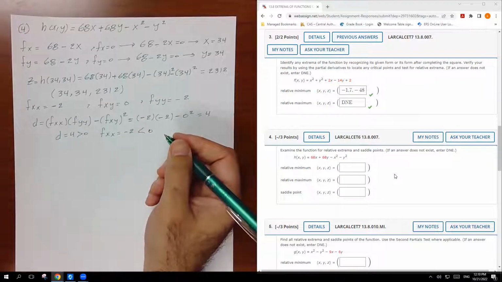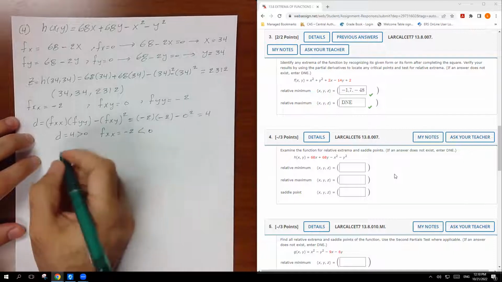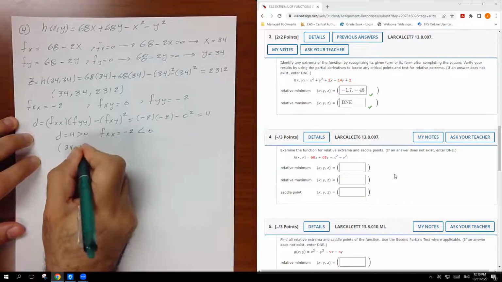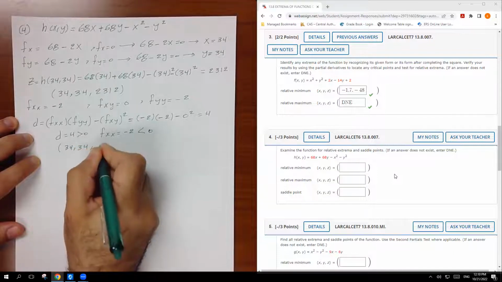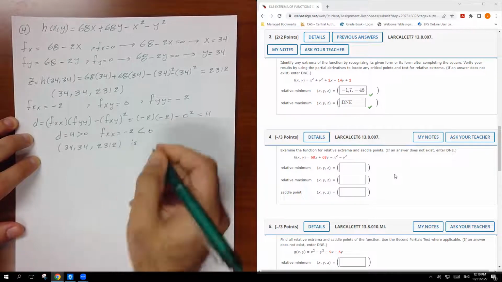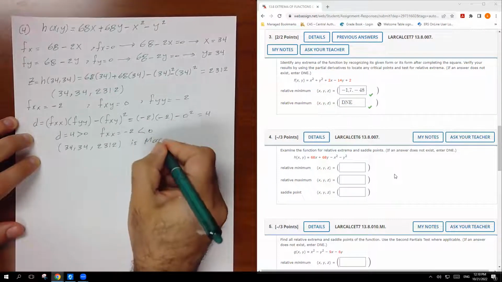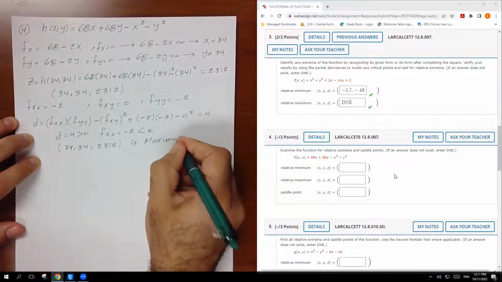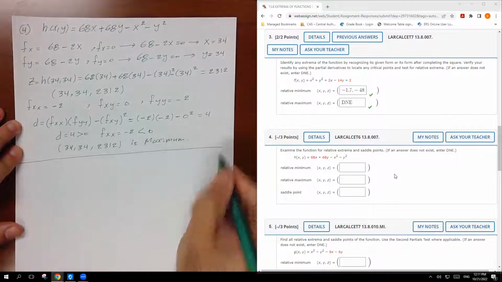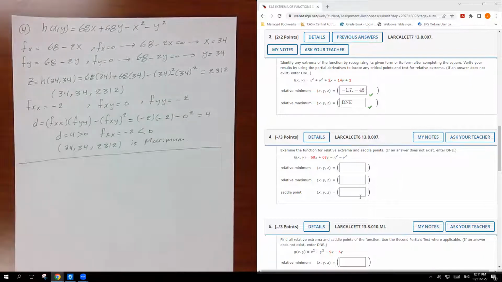So in this case, our critical point, 34, 34, 2,312, is a maximum. That's it for this example. We're just going to type here that it's a maximum.